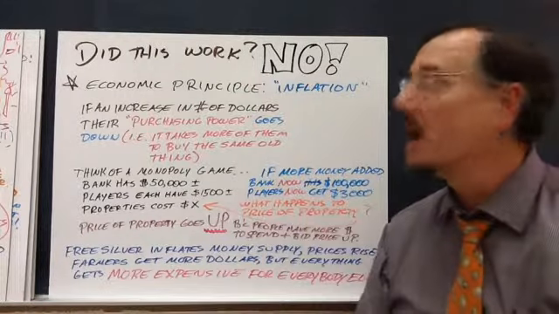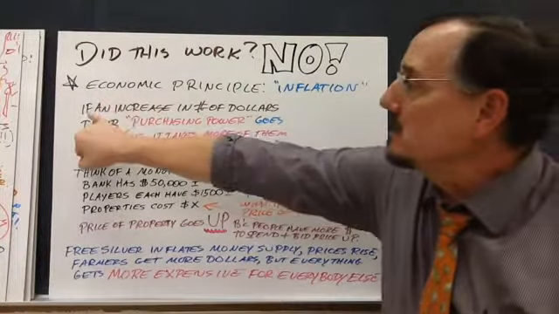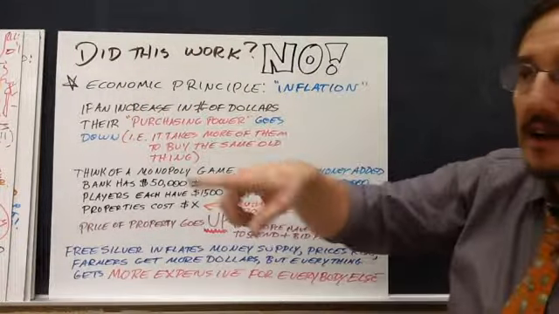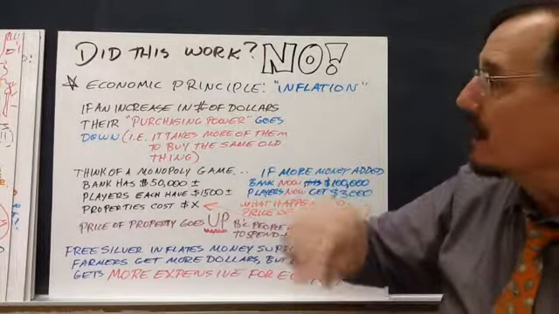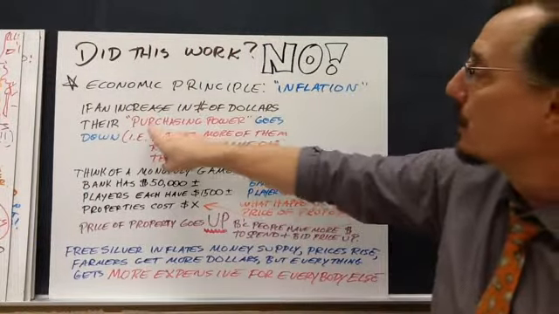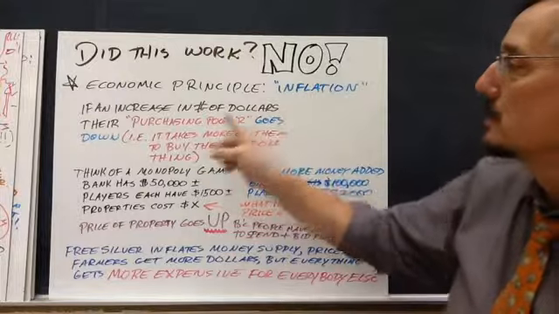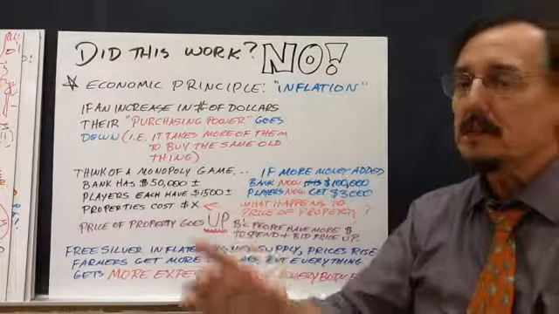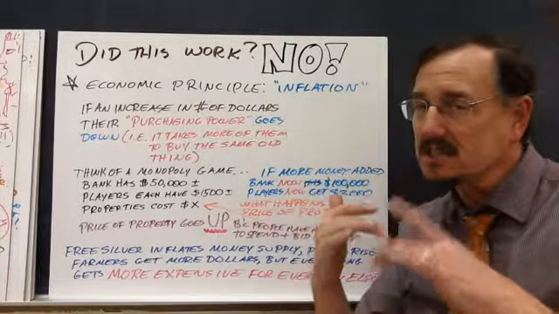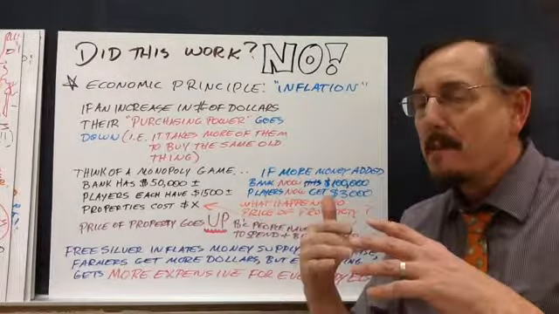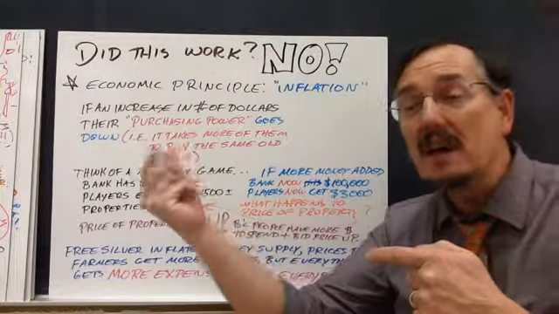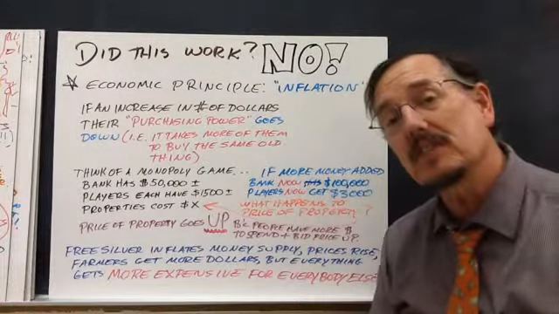Inflation happens in an economy also. And inflation is an increase in the number of dollars that are circulating in an economy. And when an increase in the number of dollars happens, the purchasing power goes down. The purchasing power of a single dollar goes down. And it kind of sounds crazy to think about this, because when the purchasing power goes down, it actually takes more dollar numbers to buy the same thing.